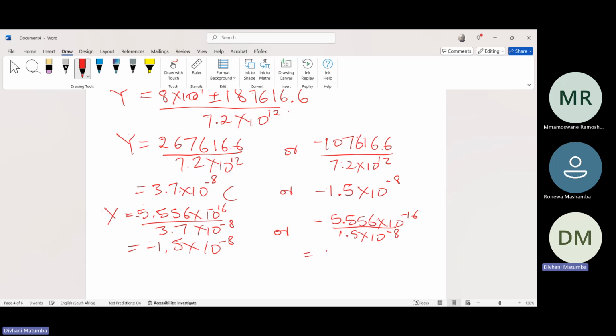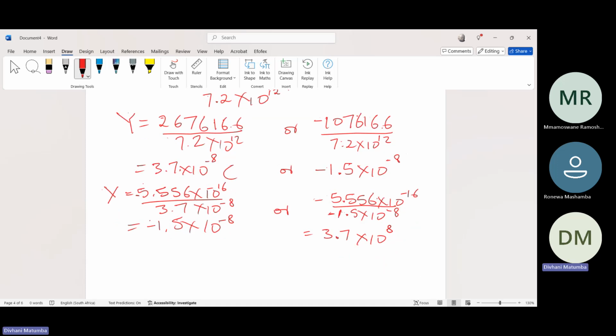So this gave me 3.7 times 10 to the power of minus 8. Sorry, the answer was a negative, minus 1.5. So the answer that I got was 3.7 times 10 to the power of minus 8.